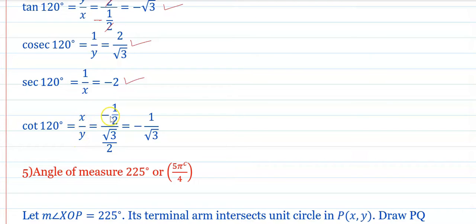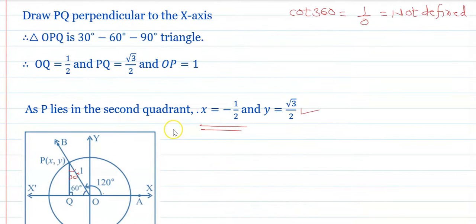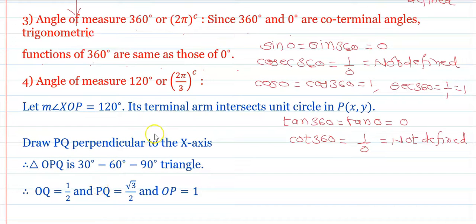X is minus 1 by 2 and y is root 3 by 2. The 2s get cancelled and you get cot of 120 is equal to minus 1 upon root 3. And in this way, these are the values of the trigonometric functions for the angle theta equal to 120.